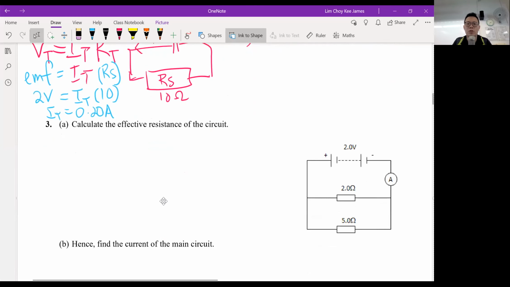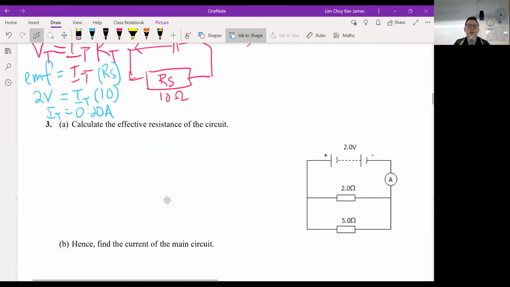Like I reminded you in class, when you analyze the circuit, always look for the V, the I, and the R of individual branches, and also the V, I, and R of the entire circuit. This is a rough guide to see how we analyze the circuit rather than just going around blindly. Now let's look at question 3.